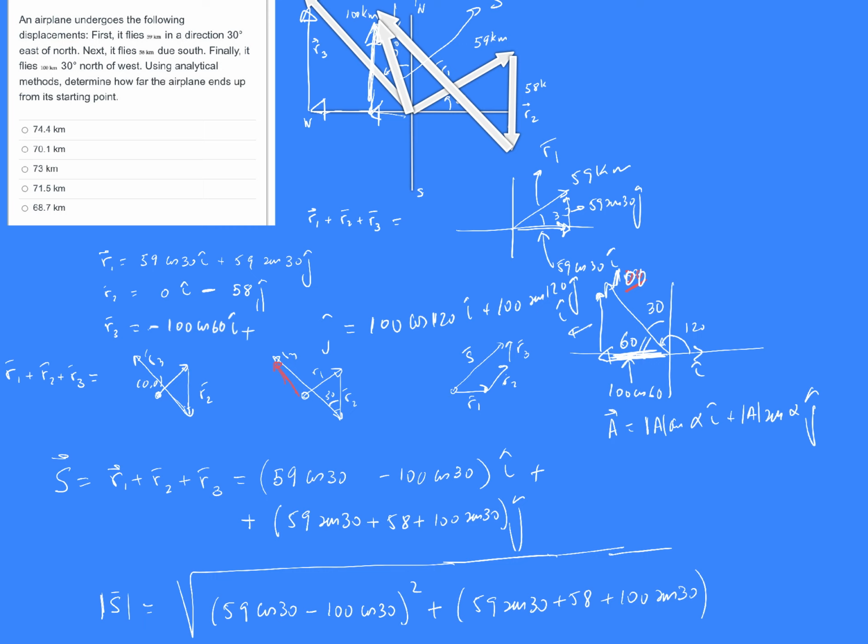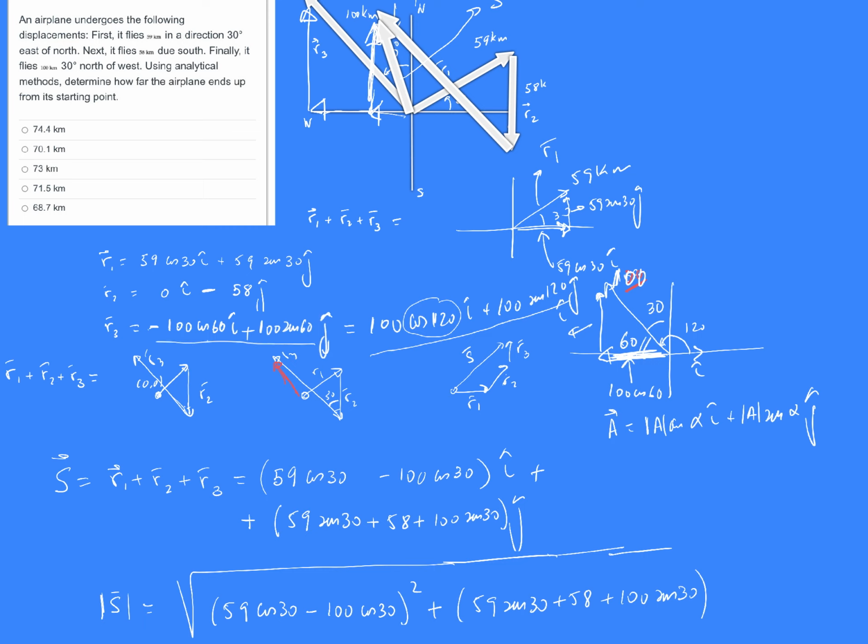Now, plus this one going in the j direction, to the north, plus 100 sine 60 in the j direction. So this is exactly the same vector, because cosine of 120 is minus cosine of 60. Wow. So I have the three vectors.